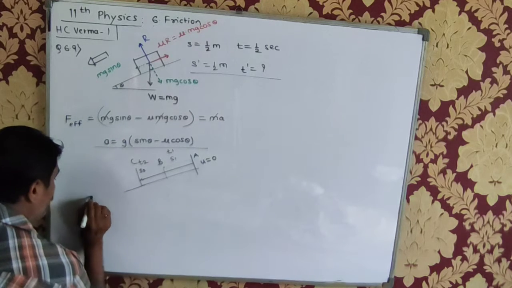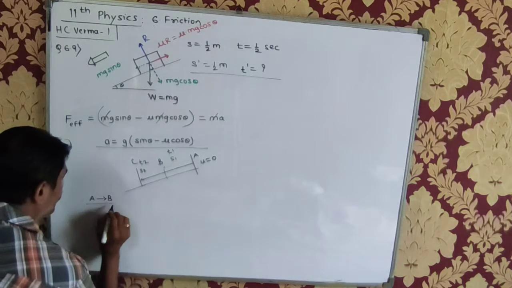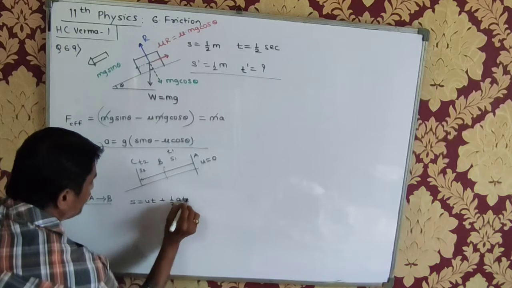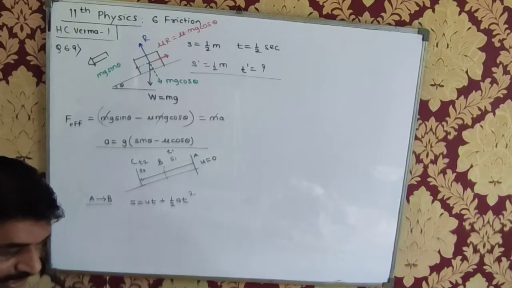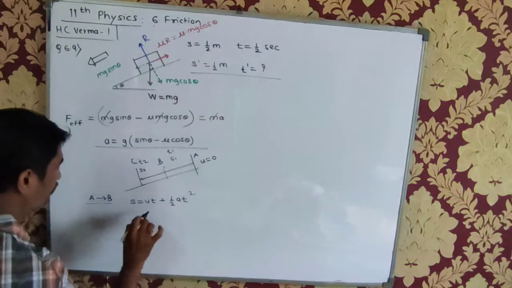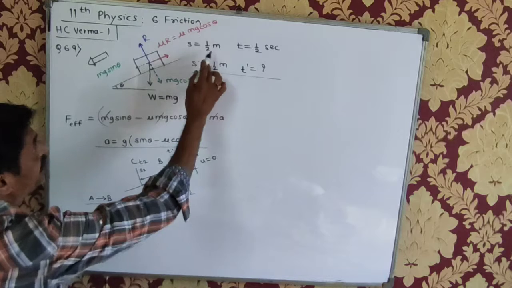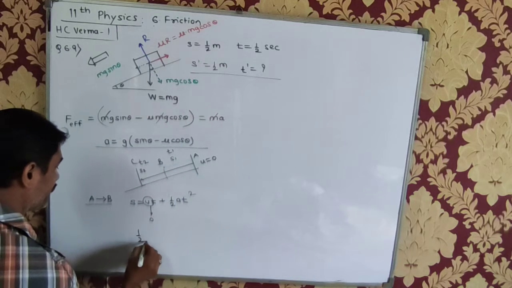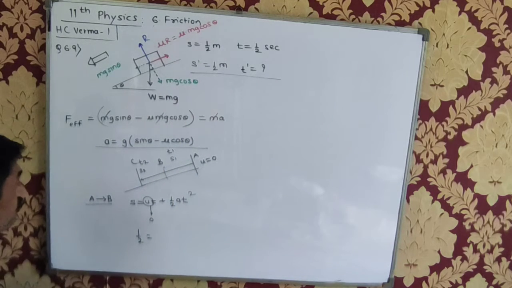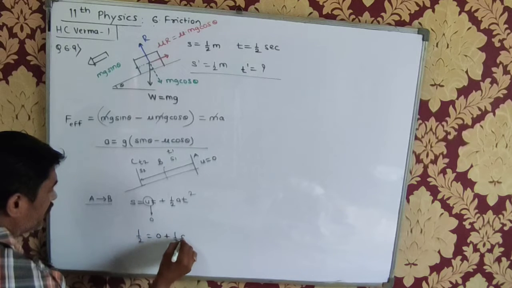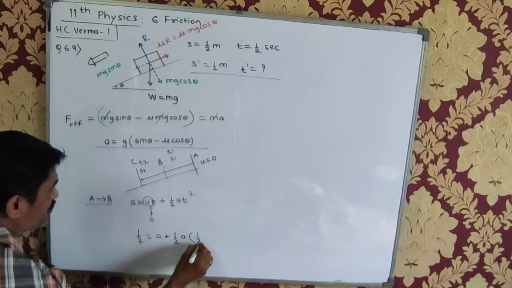Okay. So I will say from its motion from A to B, S is equal to ut plus half at square. It starts from rest, so the initial velocity is 0. Now what is the displacement here for the first part? Half meter. Half meter is equal to 0 plus half into acceleration into half square.